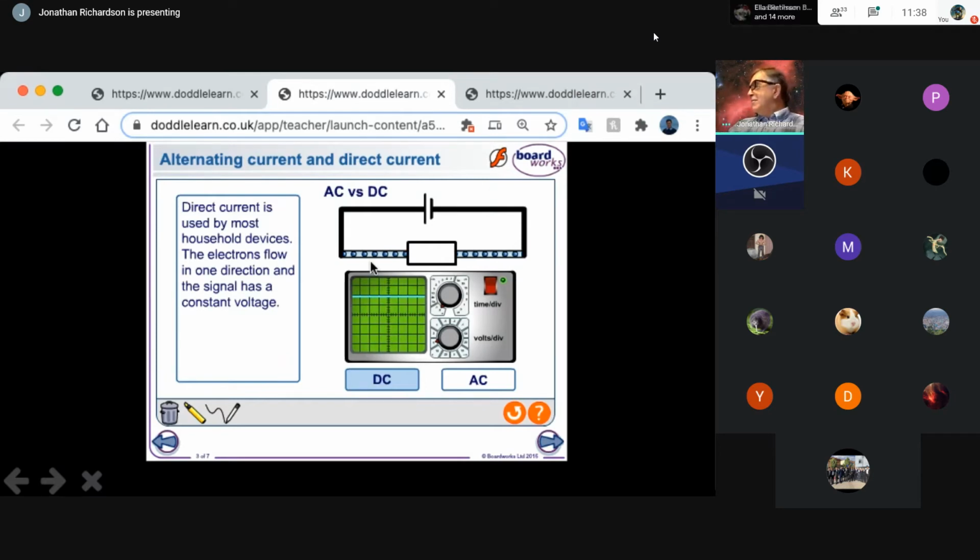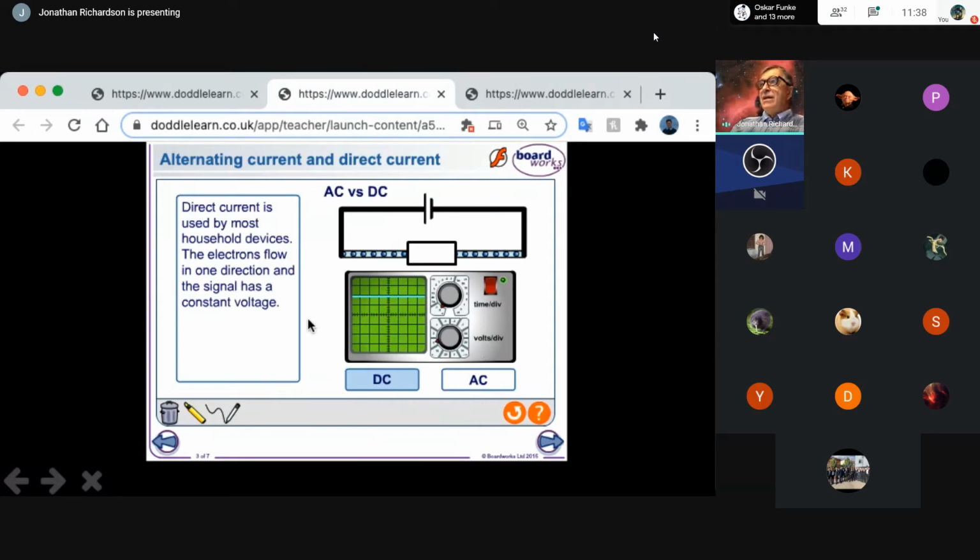Most devices inside a house, I have a torch here, I have batteries, I have various different things, all of which use this flow of electrons to control some form of circuit. The electrons, of course, flow in one direction only.